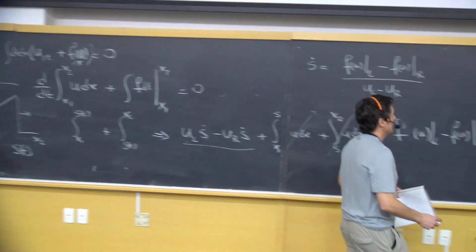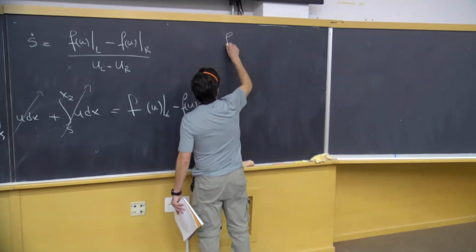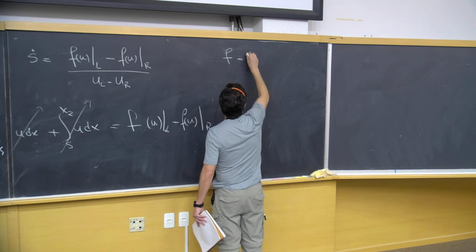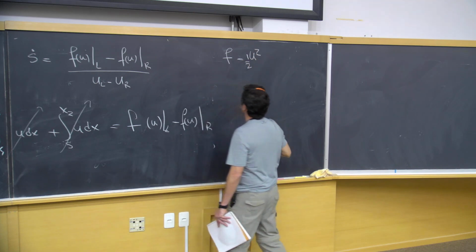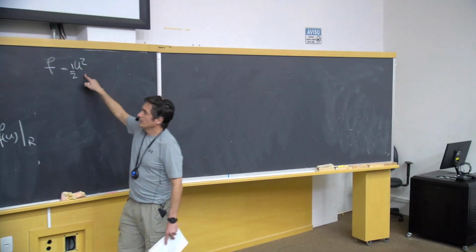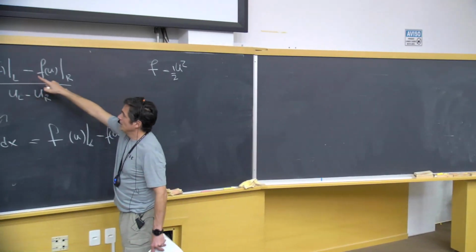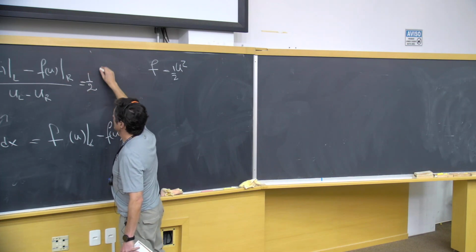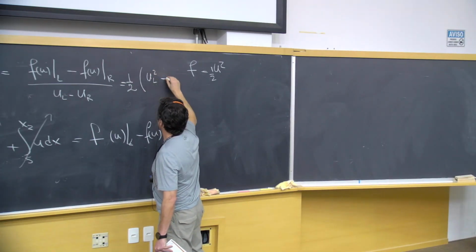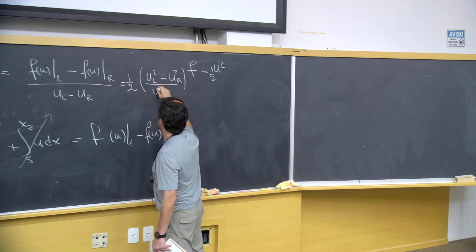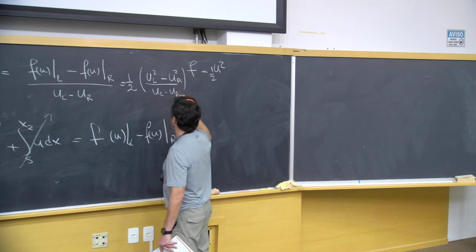But let's specialize now for the case where this function f happens to be 1/2 u squared. So if I replace this in here, I'm going to have 1/2 u squared left minus u squared right divided by ul minus ur.